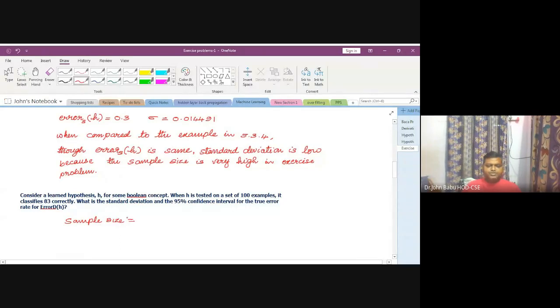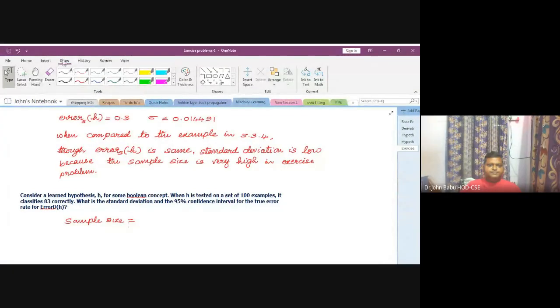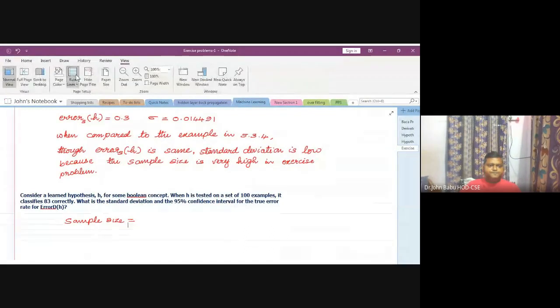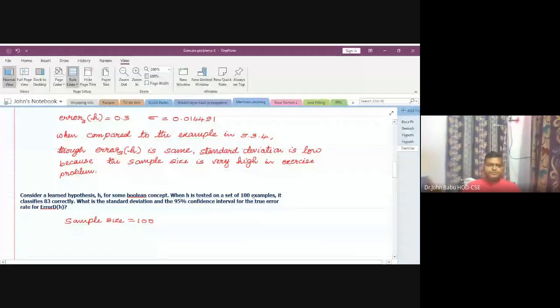Are you able to see the screen? Yes, sir. Okay. Sample size. What is the sample size in this problem? 100. Set of 100 examples.